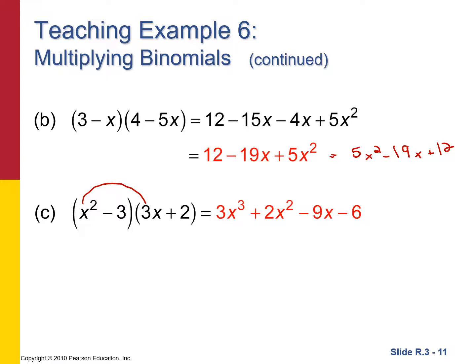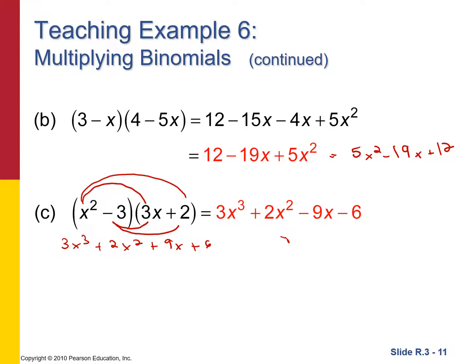So x squared times 3x is going to give us 3x cubed. Outer, x squared times 2x is going to give us 2x squared. Inner, minus 3 times 3x, this is 9x. And last, minus 3 times 2, and this gives us 6.